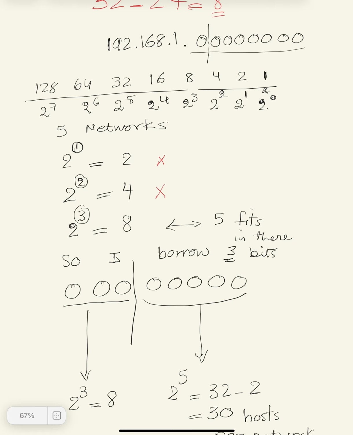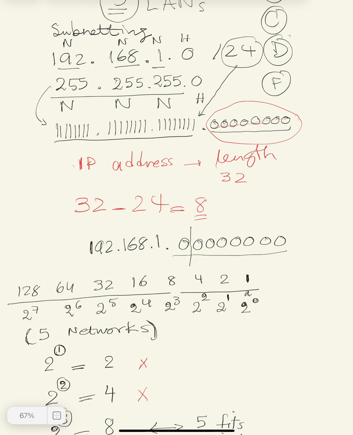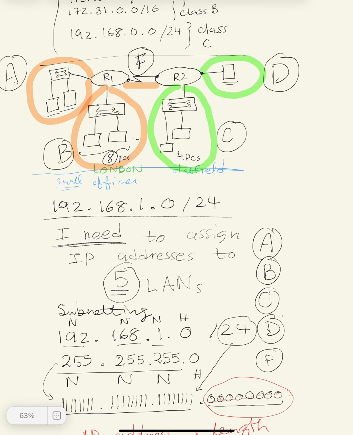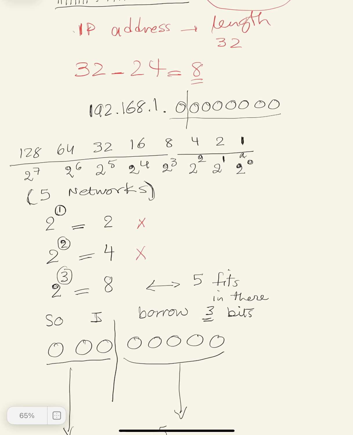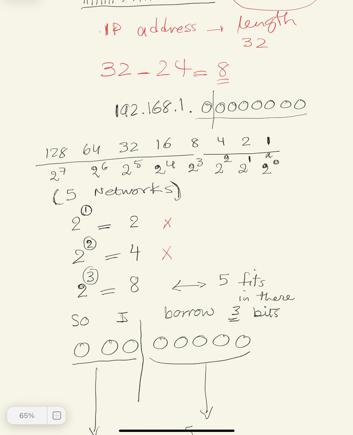In total, as we mentioned before, we need 5 networks in that diagram: 1, 2, 3, 4, and 5. So if I borrow only 1 bit here, it gives me only 2 networks, but I need to fit 5 networks.